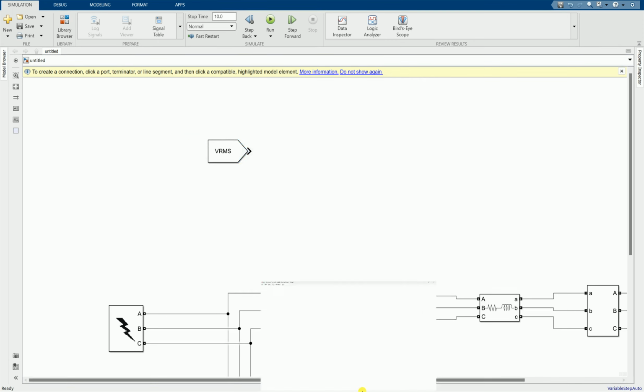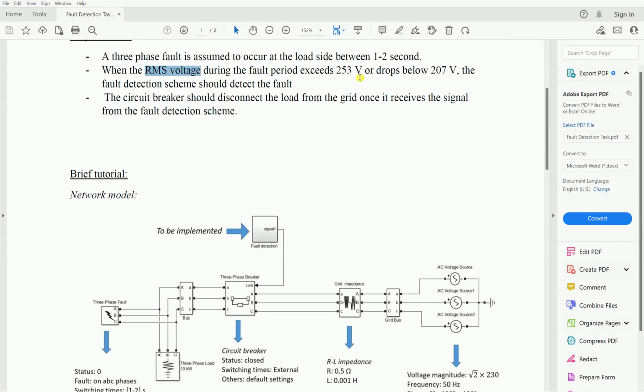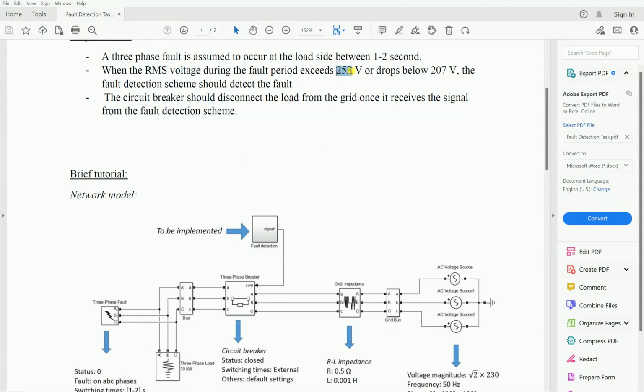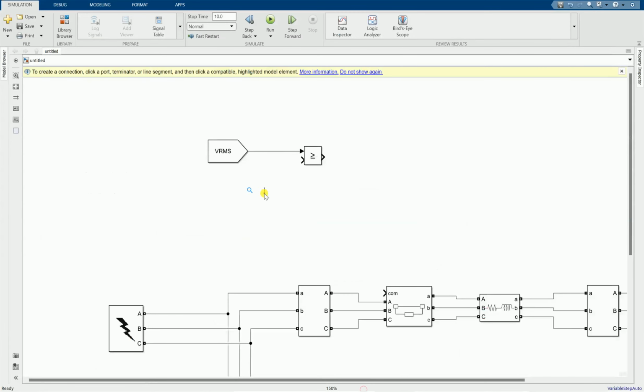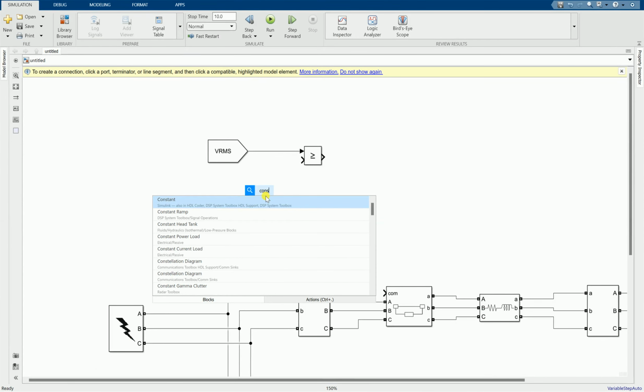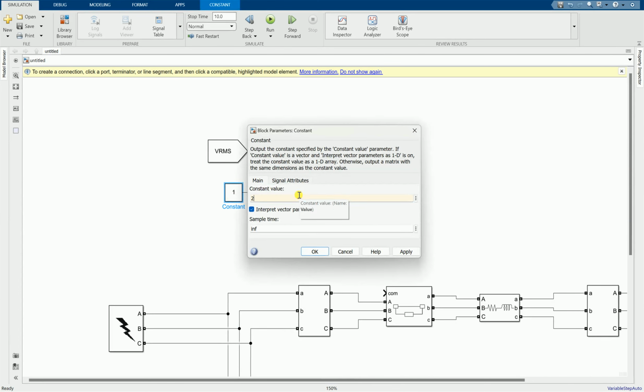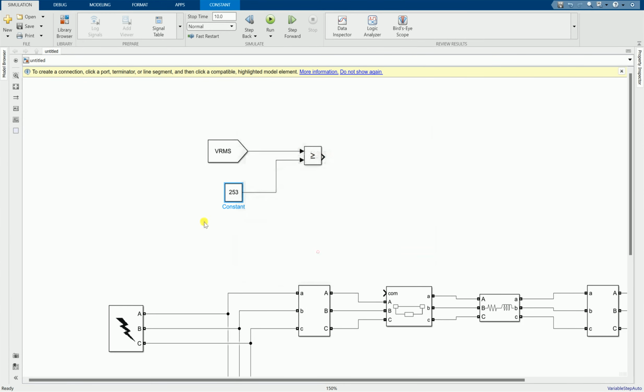If it exceeds 253, so it is greater than or equal to 253, use a constant of 253.